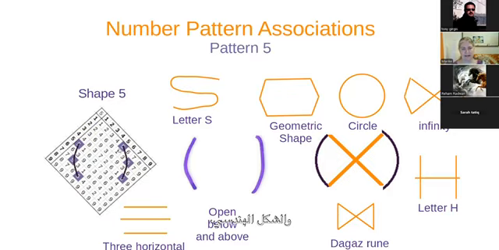It shows an S, and the geometric form we saw before in pattern 4, but this time lying on the longer side. We see a circle, we see the infinity symbol, we see the letter H, as well as the Dagaz rune, which is a symbol for day and night change, as well as transformation.